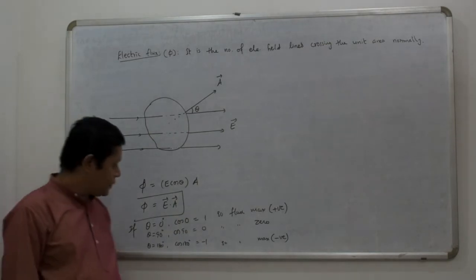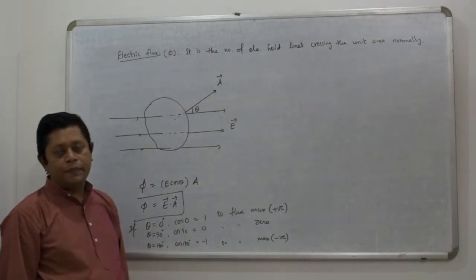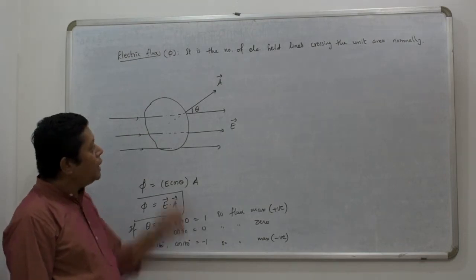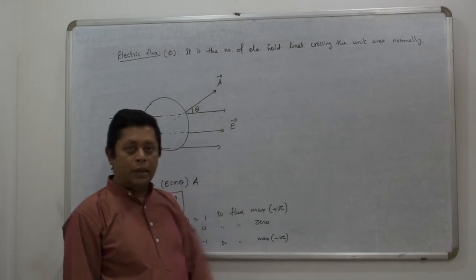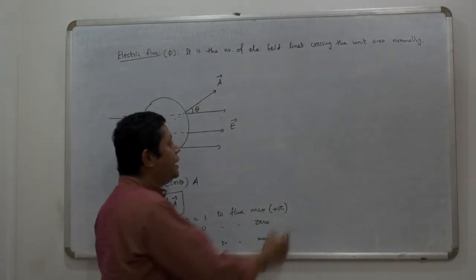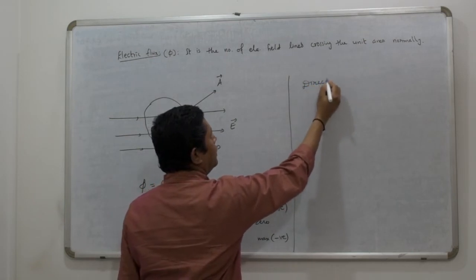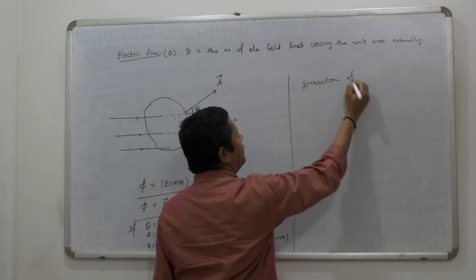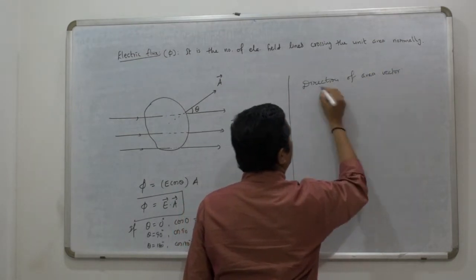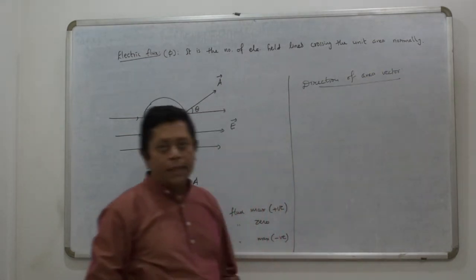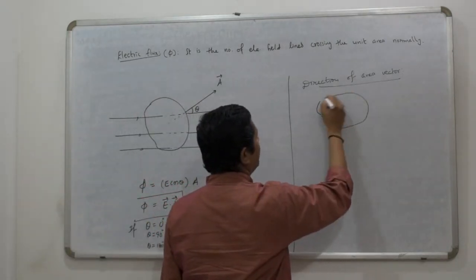Now here, theta is the angle between the area vector and the electric field. First of all, area is a vector quantity. Now what about the direction of the area vector? Say it is a single surface, let's say this is the surface.